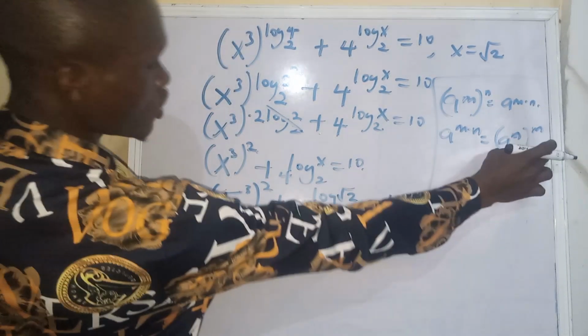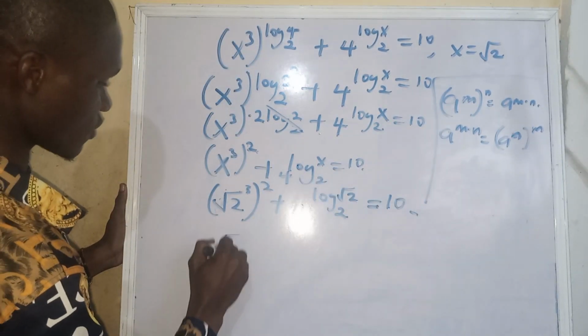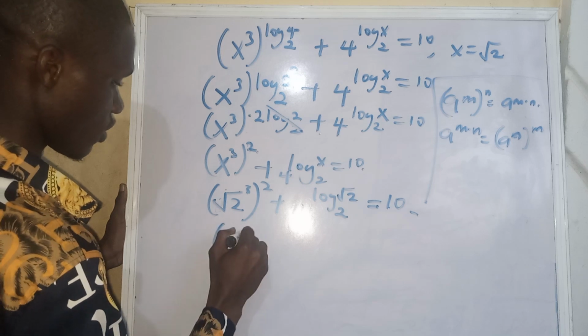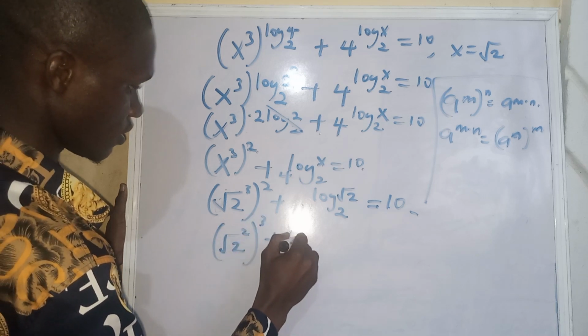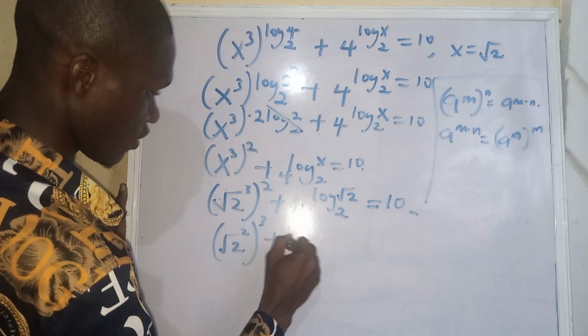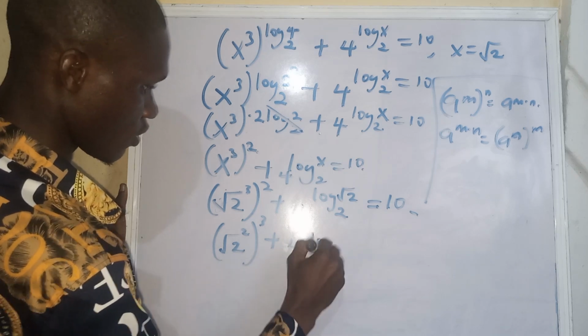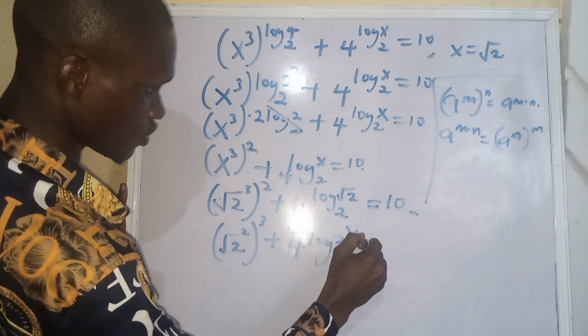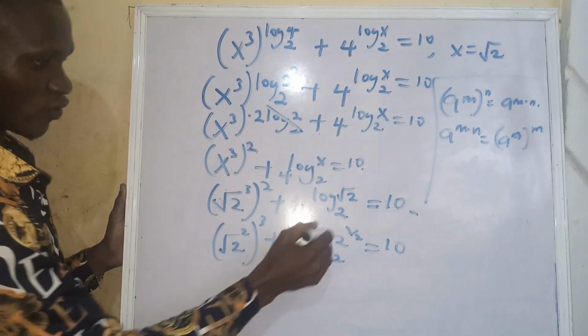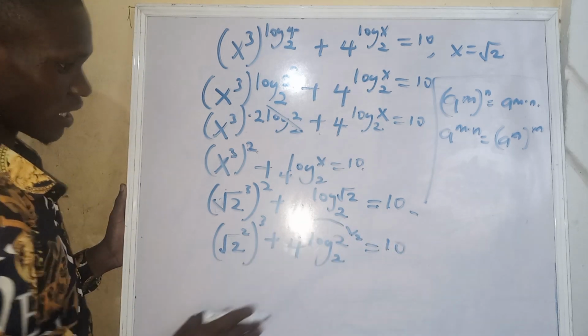So if we should apply this rule here, we can simply write the whole of this to be 2 square or to the power of 3 plus 4 log. We can write this to be 2 to the power of 1 all over 2 to base 2 is equals to 10.